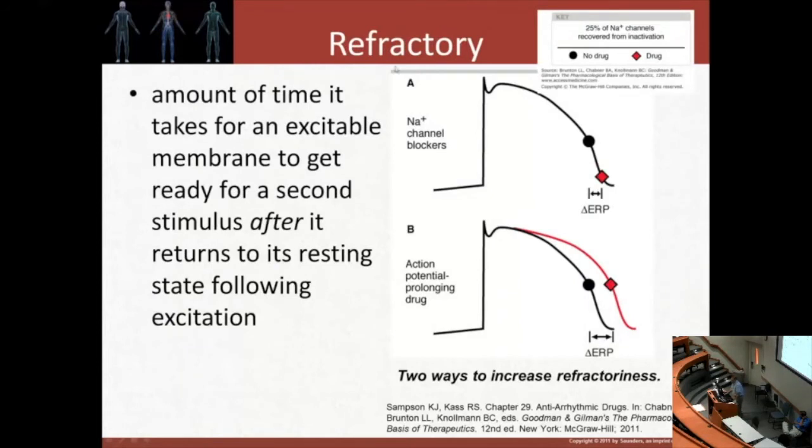When we talk about refractoriness, it's really the amount of time that it takes for an excitable membrane to get ready for a second stimulus. Okay? Do you guys remember back when we talked about acetylcholinesterase inhibitors and acetylcholinesterase at the synapse, looking at the acetylcholine and the muscarinic receptor?